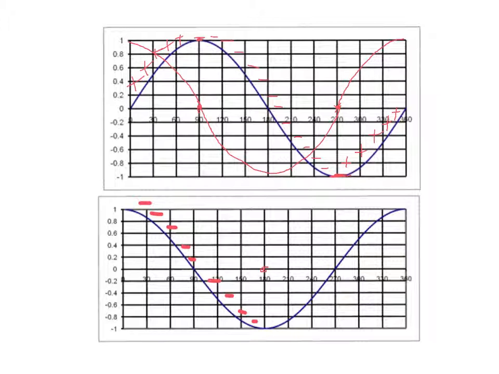So our gradient function is going to be below the x-axis. And from 180 degrees all the way up to 360, our gradient function is positive. So the graph of our gradient function is going to be above the x-axis.